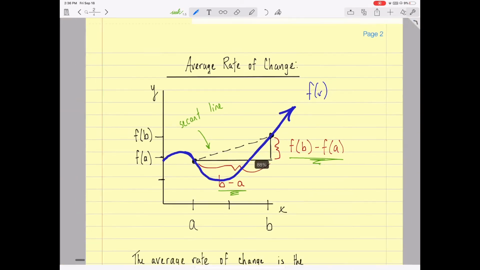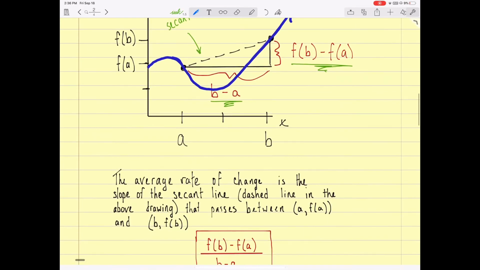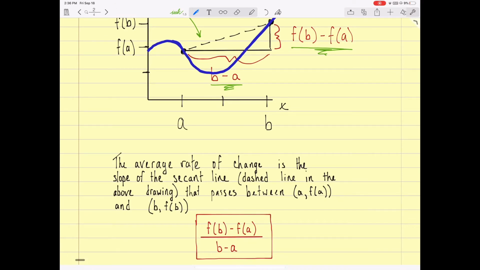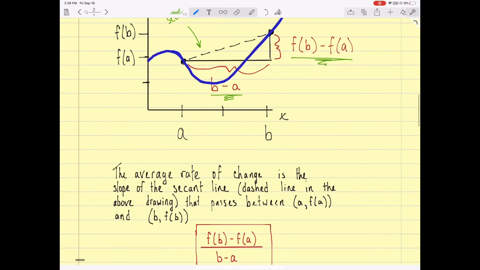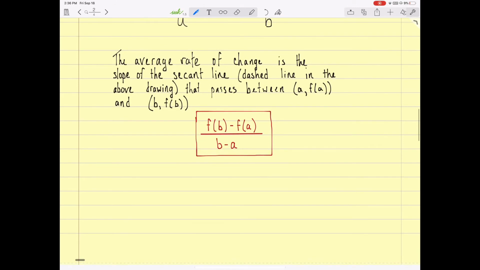So if I zoom out a little bit, I'm just going to scroll down. I'm going to read this. The average rate of change is the slope of the secant line that passes between a, f of a and b, f of b. So to find the average rate of change, you calculate f of b minus f of a divided by b minus a. And this has a lot of different names. So one would be the slope.